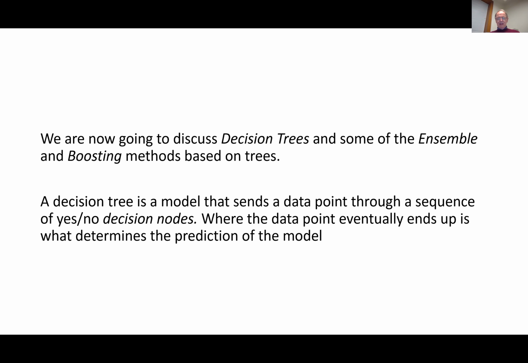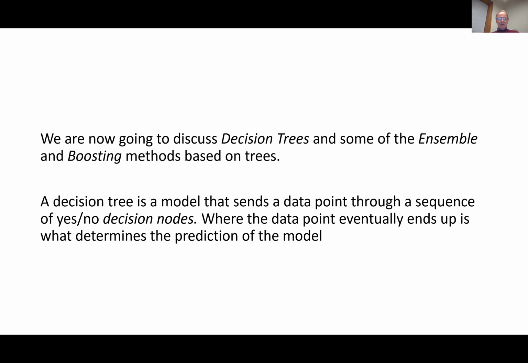It's a classification model. We want to send a data point into a category. We want to decide what category it belongs to. And so a decision tree is a model that takes a data point and sends it through a sequence of yes and no decision nodes.